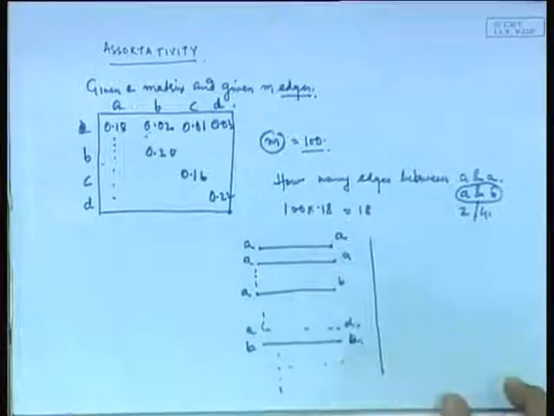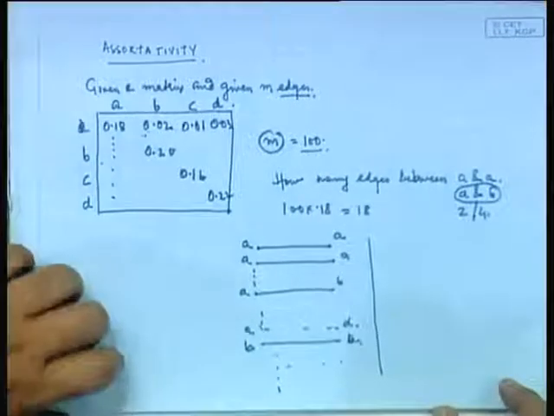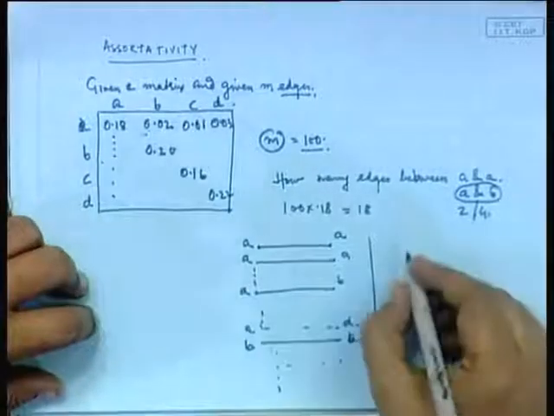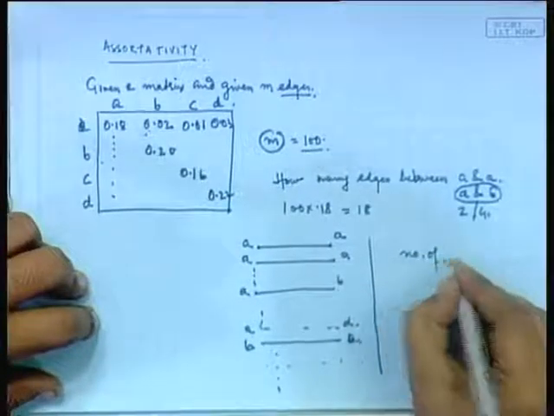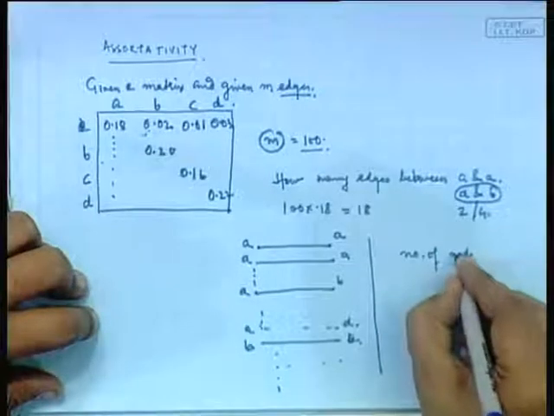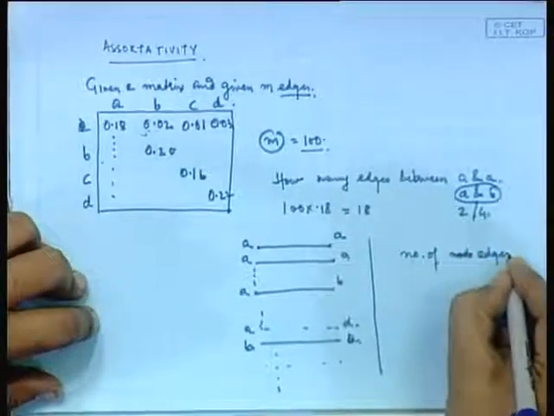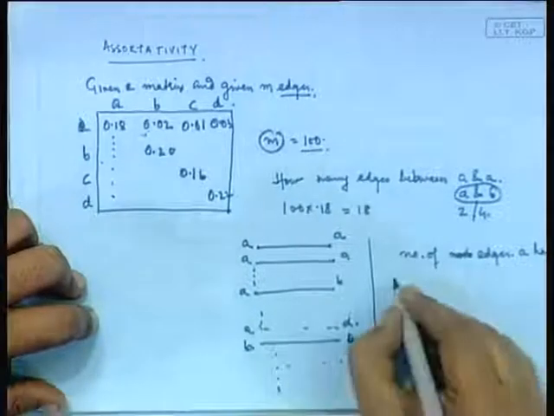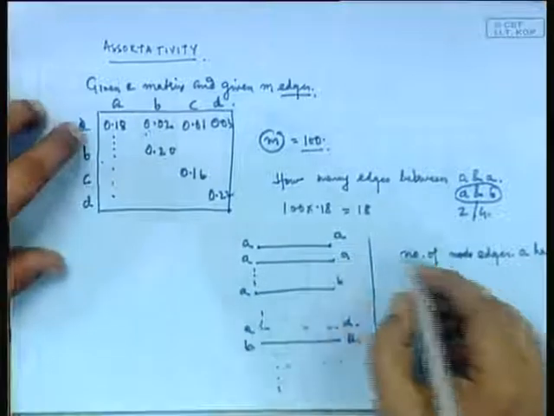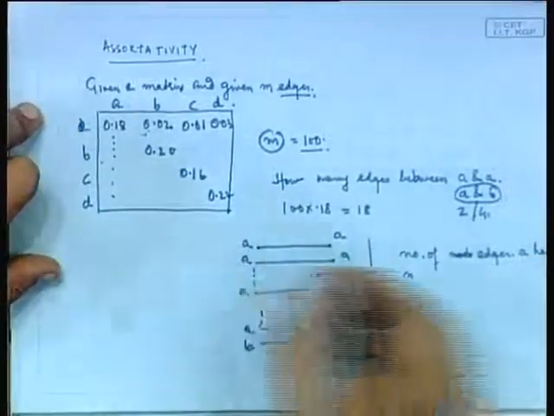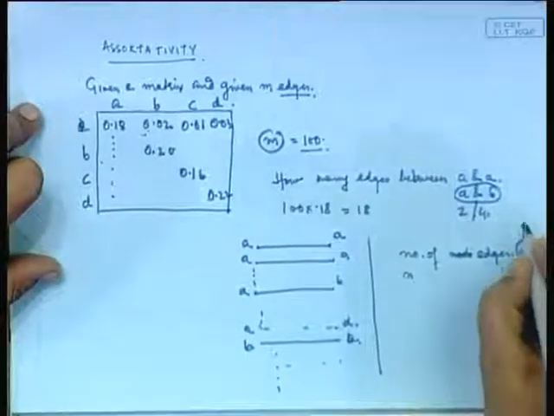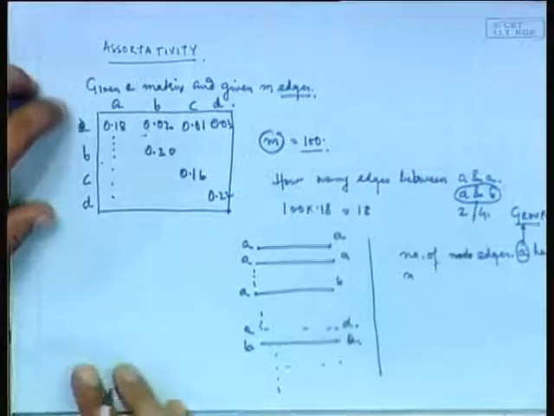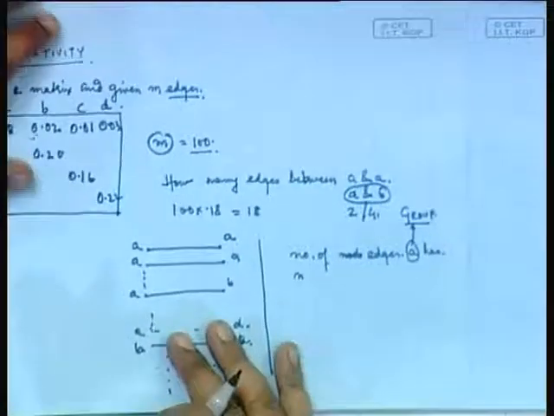So, from here you know the number of edges group A has.